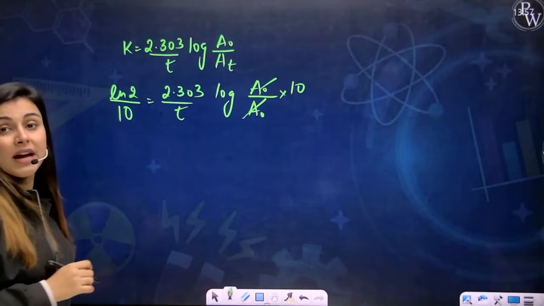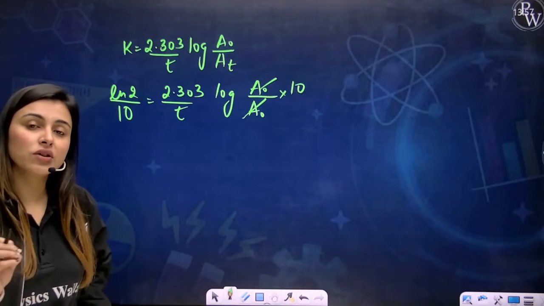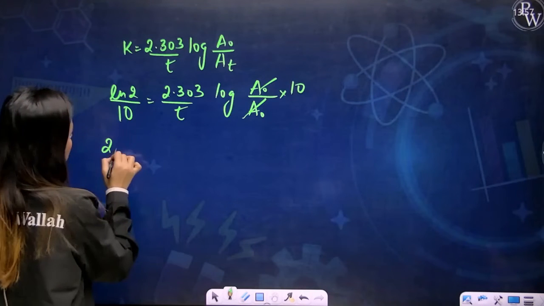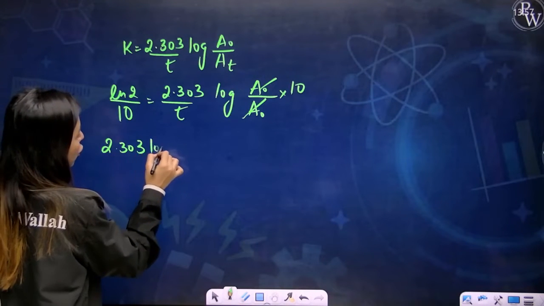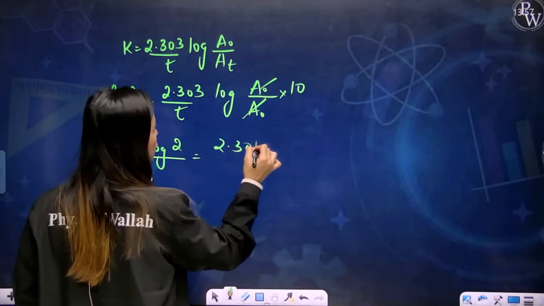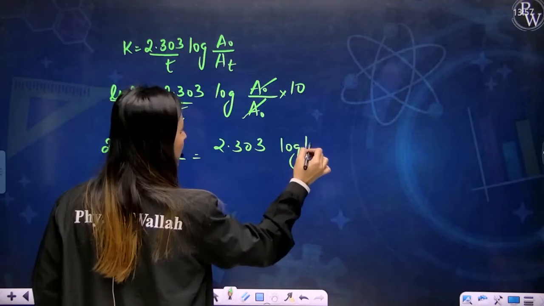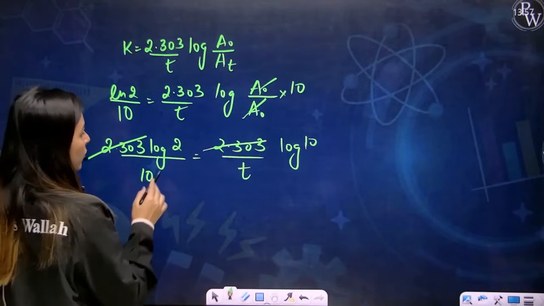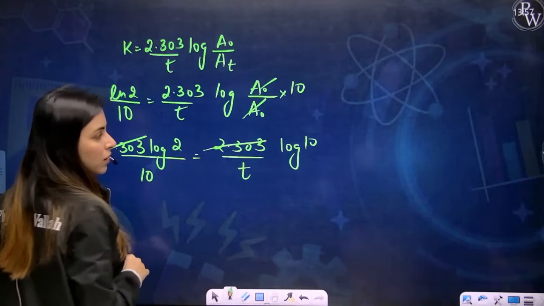If you talk about natural log 2, can you write it as 2.303 log base 10 of 2? Yes. So this is 2.303 log 2 upon 10 is equal to 2.303 log 10 upon T. Let's cancel this out. Now, my dear students, what is log 2?